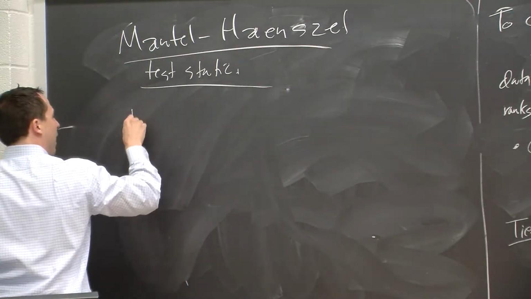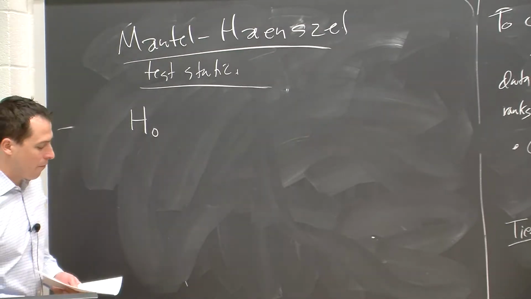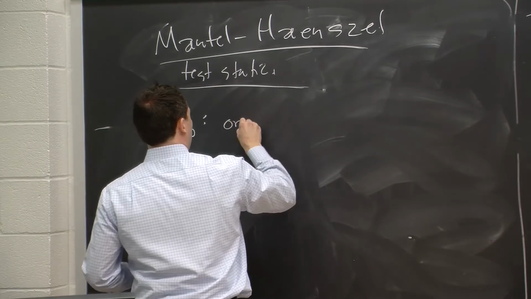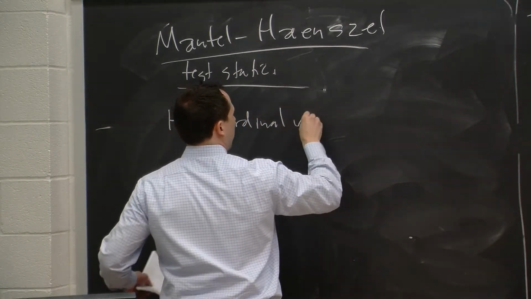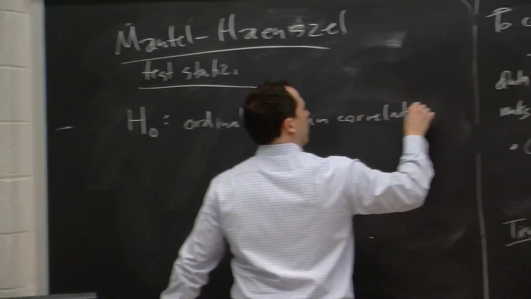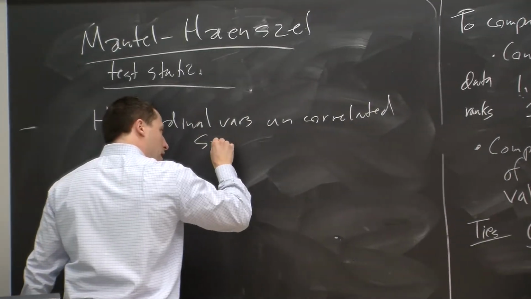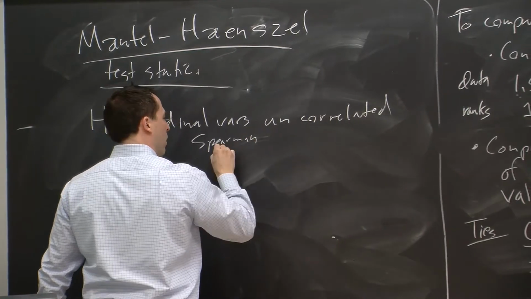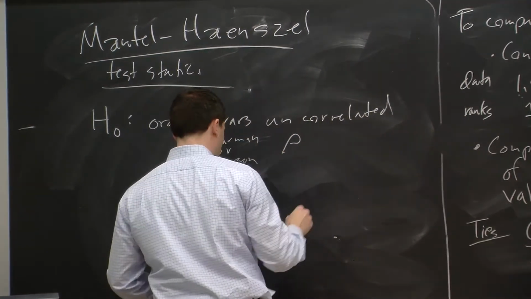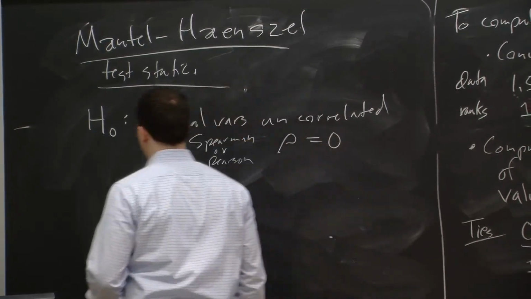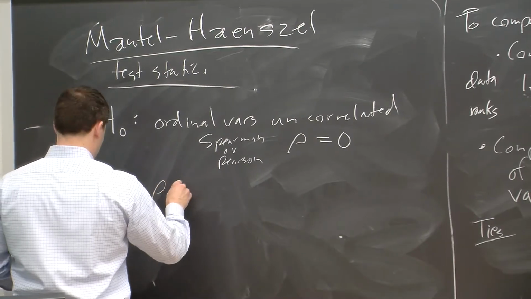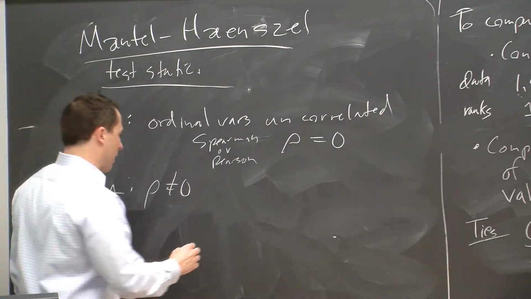And this is going to be a test statistic for a hypothesis test where the null hypothesis is that the ordinal variables are uncorrelated, by which we mean exactly just that Spearman or Pearson rho is equal to 0. And the alternative hypothesis is that rho is non-zero. So it's two-sided.